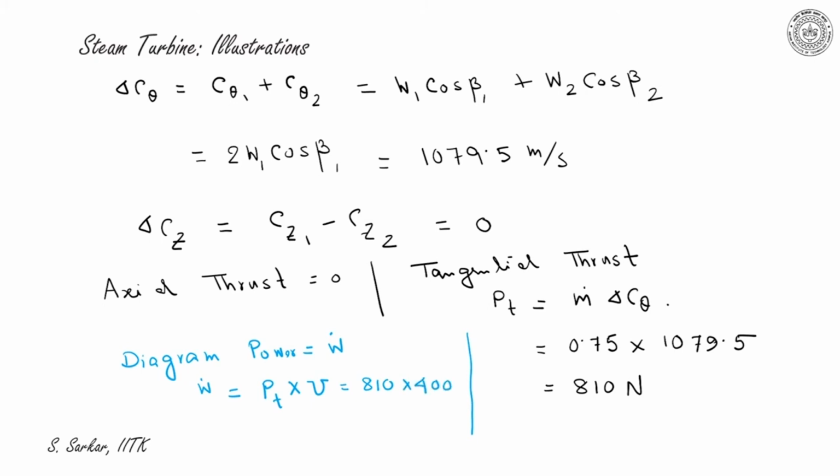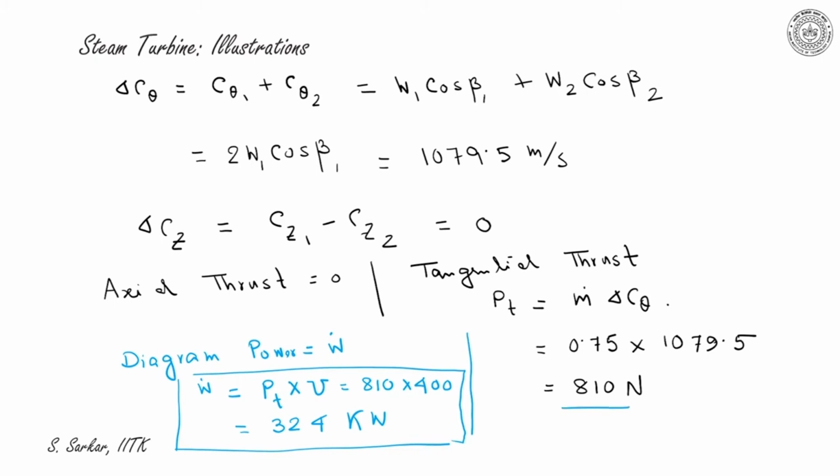So this I have got around 324 kilowatt. So I've got another answer, right? So I have evaluated diagram power. This is the tangential thrust, and axial thrust is 0.